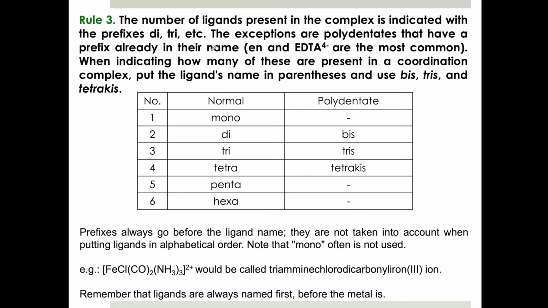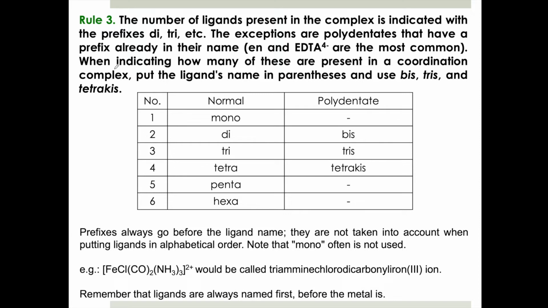So the number of ligands present in the complex is indicated with prefixes. Usually we call it di, tri, tetra, and so on. But we have a few exceptions, especially for the polydentates that already have a prefix in their name, for example ethylenediamine and also EDTA.